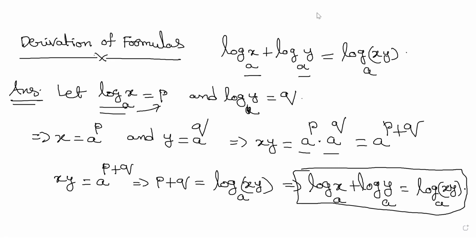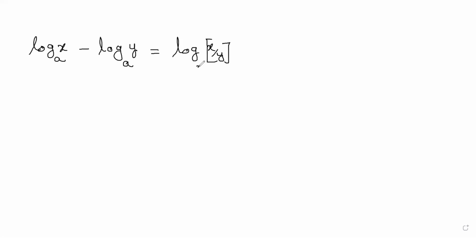Next formula. Log x to the base a minus log y to the base a is equal to log x by y to the base a. This is the next formula we'll derive.